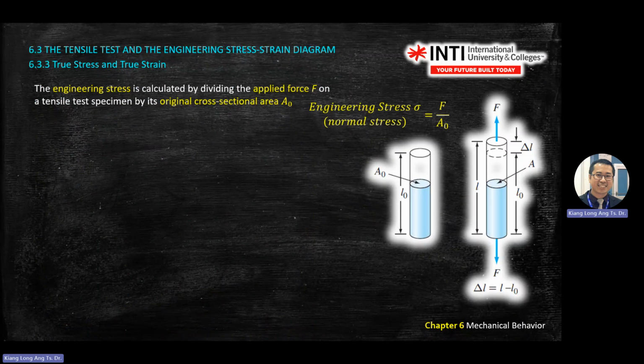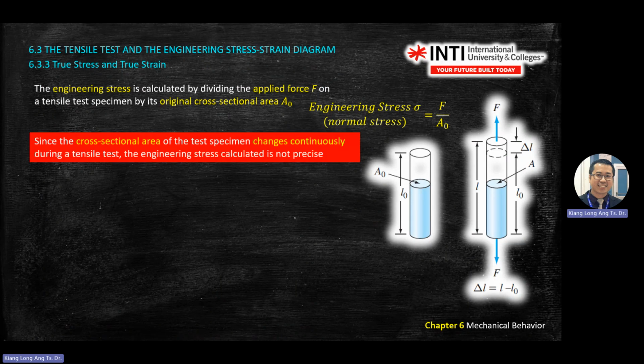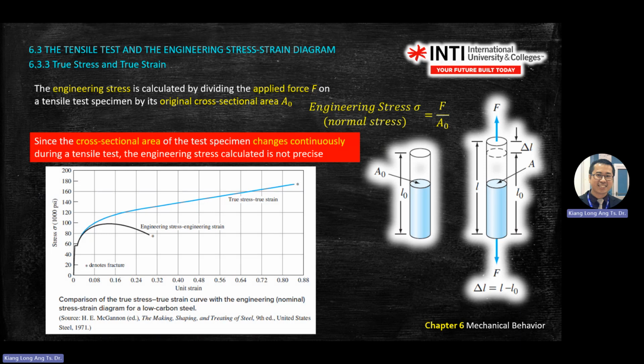Okay. In the previous chapter we introduced the engineering stress. There's one more value called true stress. In the calculation we assume the area doesn't change.